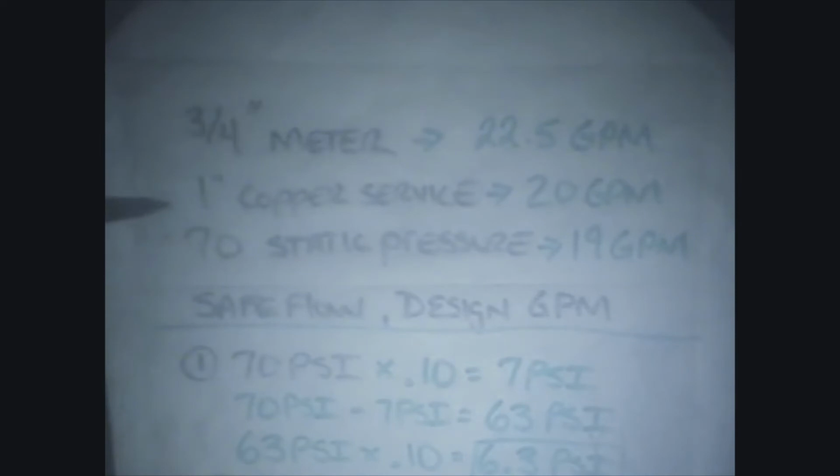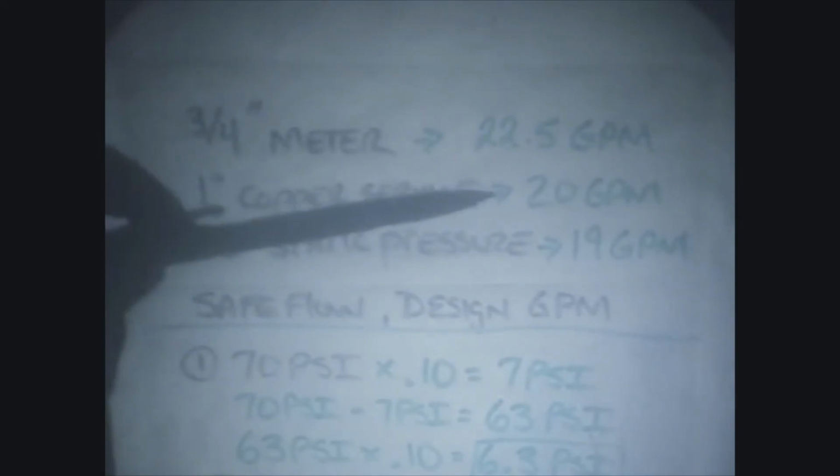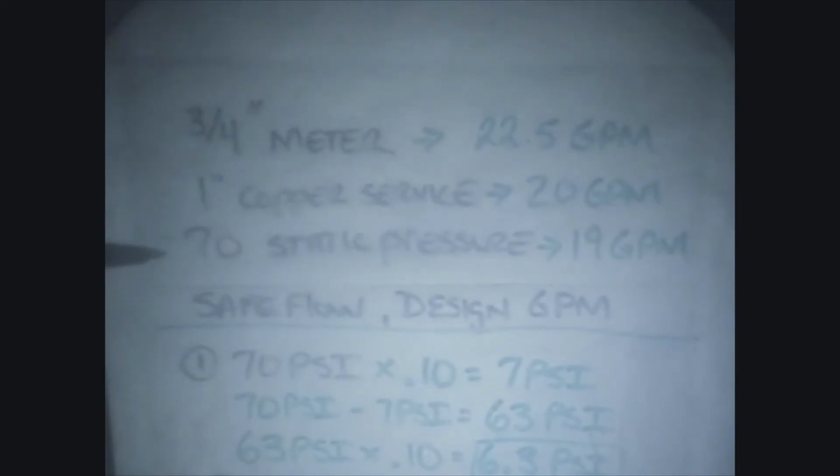On a 1 inch copper service, our safe flow is 20 gallons a minute. With 70 pounds of static pressure, our safe flow is 19 gallons per minute. From here, you'll have to use your common sense and irrigation knowledge to select which one of those 3 gallon per minutes will work well on your design.